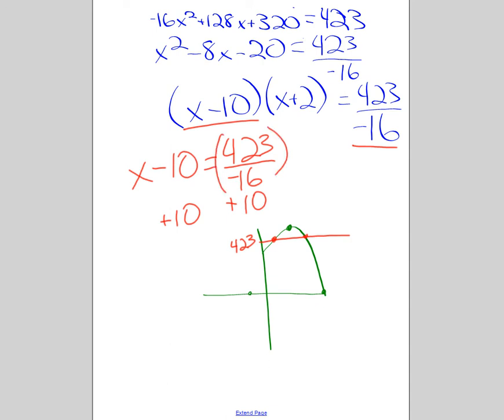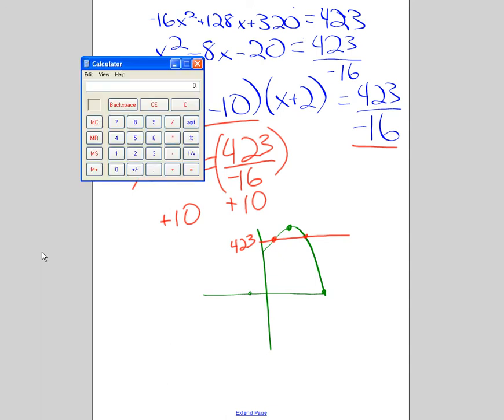You can't add and then divide, otherwise that's not going to work. 423 divided by negative 16 is negative 26. But then you add 10, so just negative 16.4.